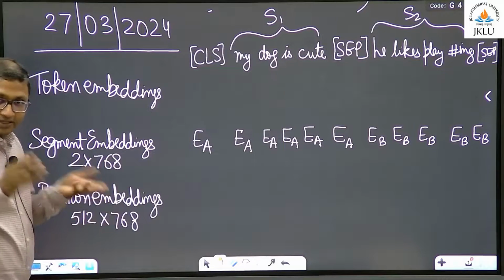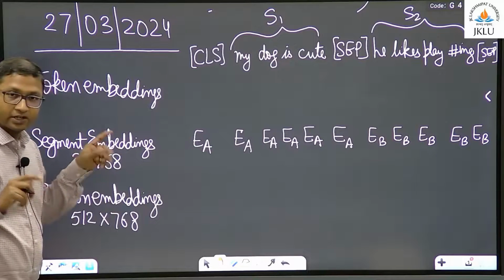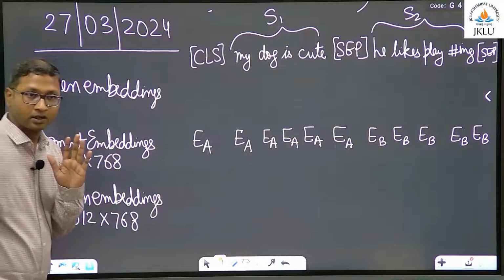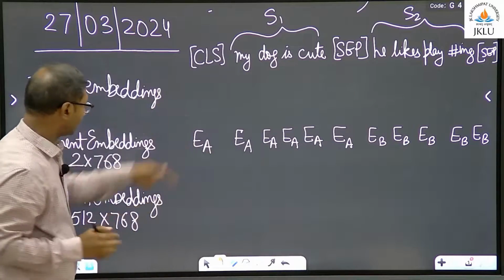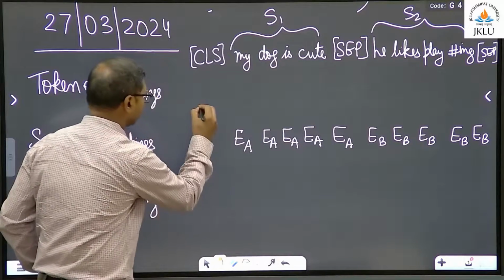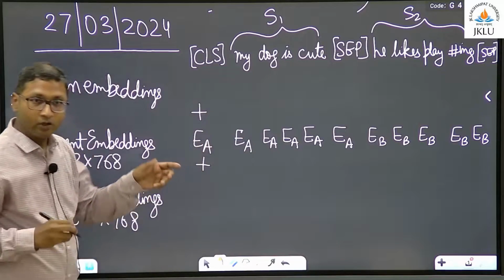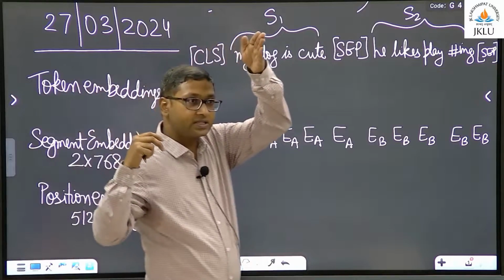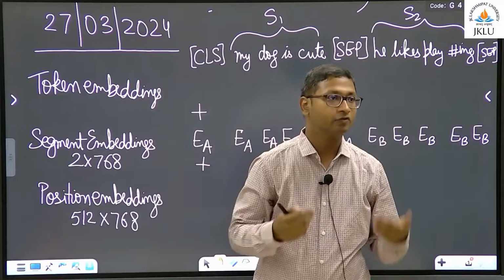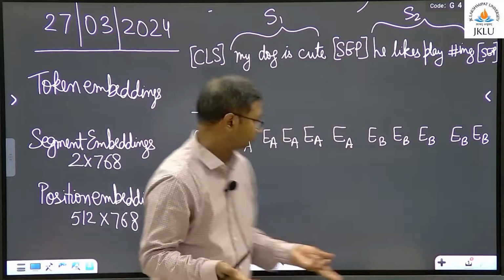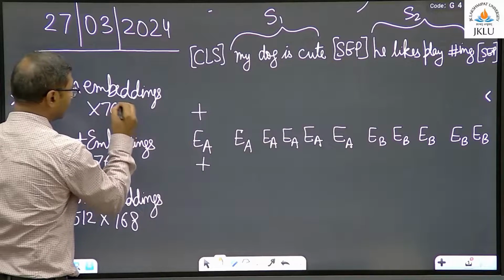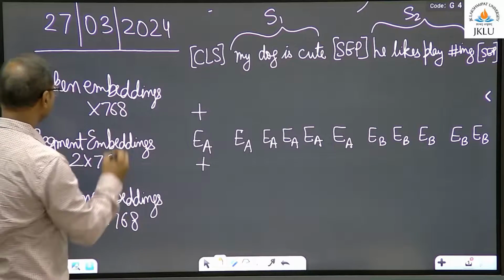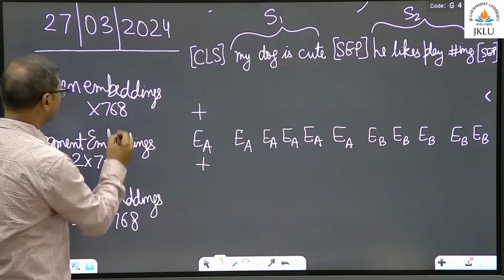Because we are following the convention that 768 is D model. Everybody agrees that since we are going to add all these, as we have been doing until now, they should all be of dimension D model, which is 768. Now, my question is, what will come here?